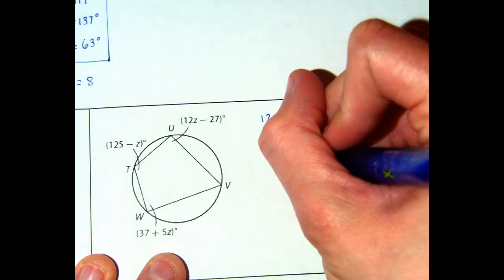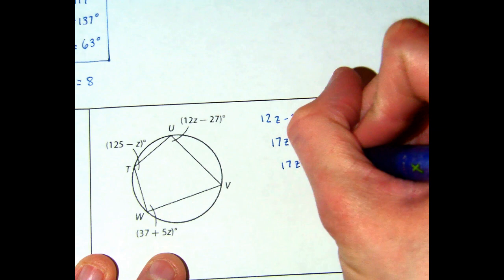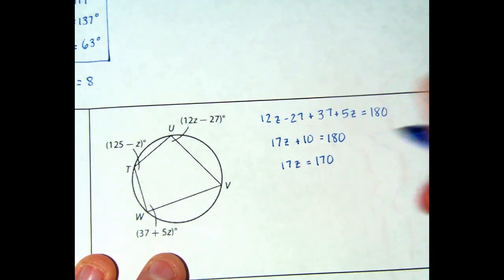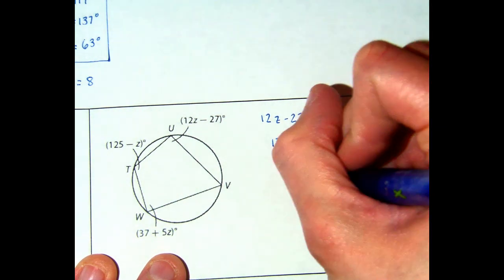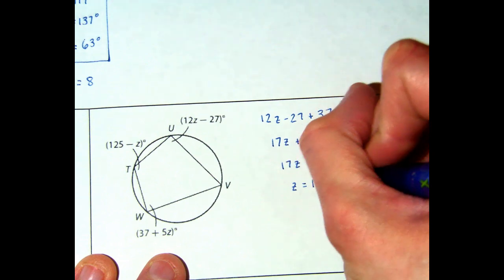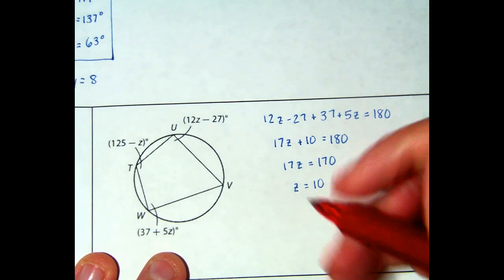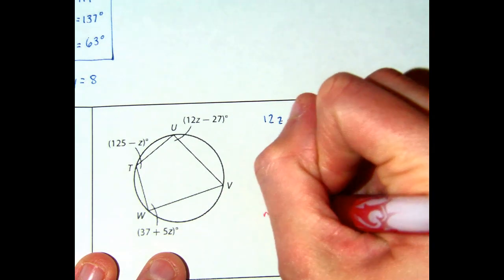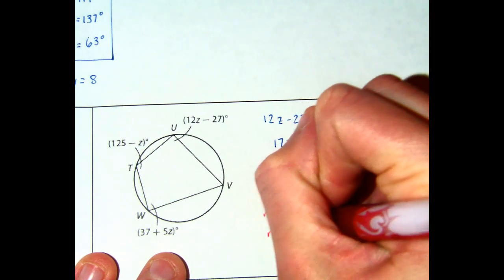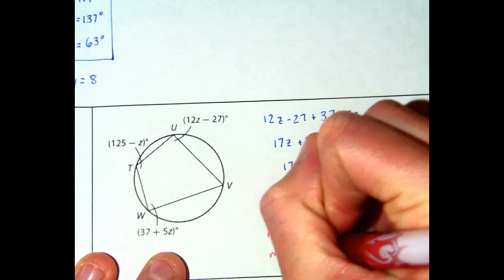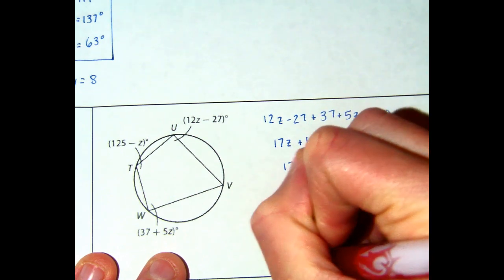Subtract 10, 17z equals 170. Z equals 10 then. Likewise, I'm going to plug back in. I need the measure of angle T, angle U, angle V, and angle W.